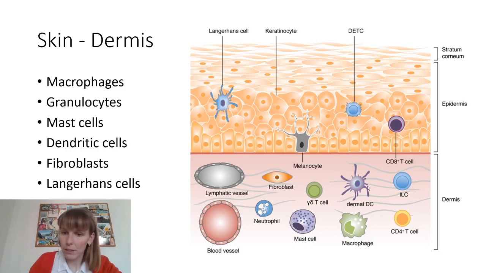Dendritic cells, another type of antigen presenting cell. Fibroblasts, of course, the cells producing the extracellular matrix, and Langerhans cells, which travel from the epithelium into the lymph nodes. So Langerhans cells are primarily in the epidermis, and in the loose connective tissue all of these cells are sitting and waiting to destroy whatever comes in that we don't want there.